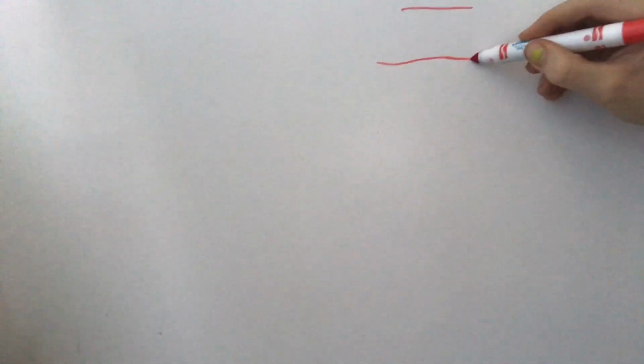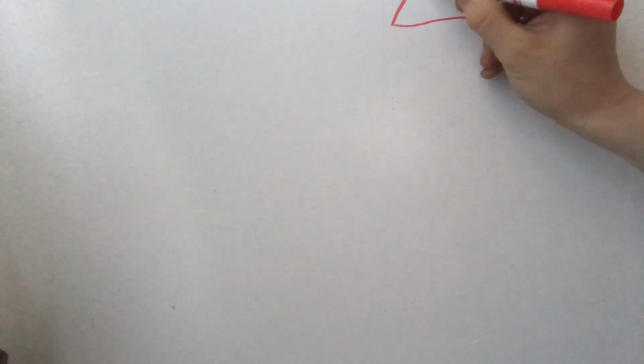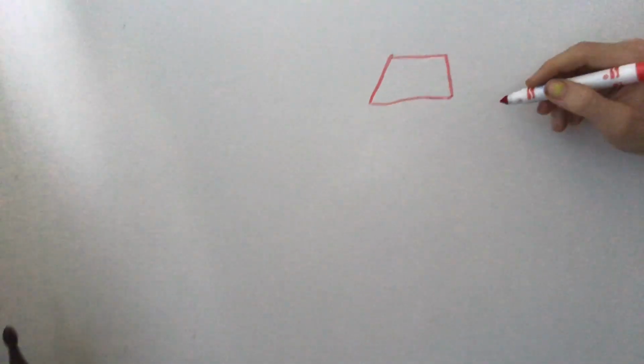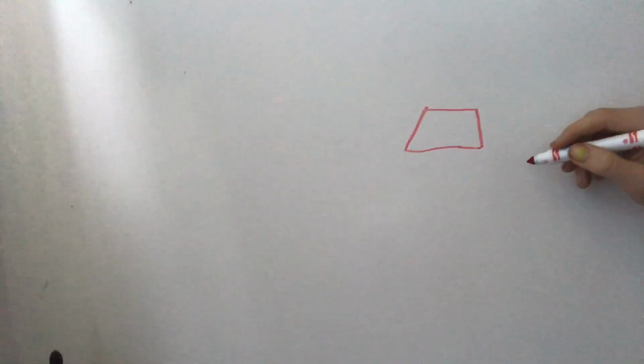Anyway, a trapezoid is any quadrilateral that has two parallel sides. So one side and the other side are parallel, and the other two sides might not be parallel. They can be, and we'll get to that later.